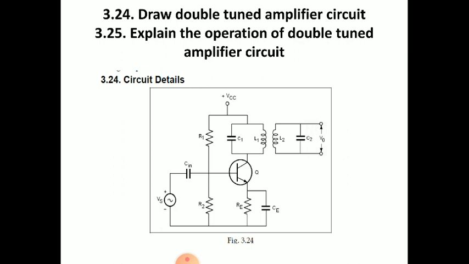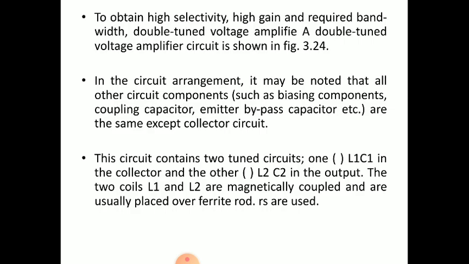Next we have seen the double tuned amplifier circuit, in which the load RL is replaced with a double tune, L1 C1 and L2 C2, where L2 C2 is connected to L1 C1 through magnetic coupling.